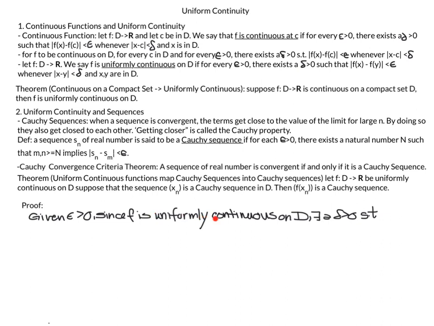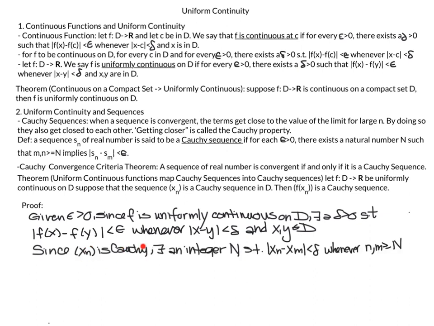Since f is uniformly continuous on D, there exists a delta greater than 0 such that, from the definition of uniform continuity, the absolute value of f of x minus f of y is less than epsilon whenever the absolute value of x minus y is less than delta.